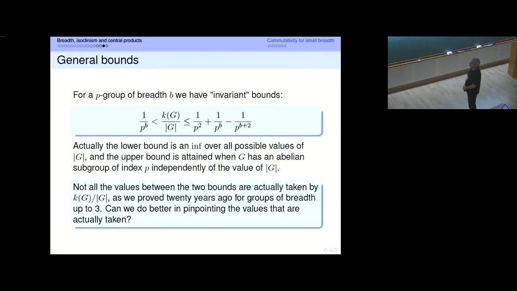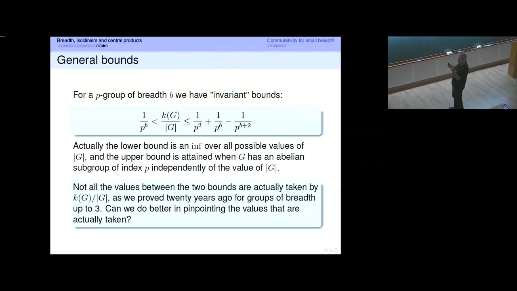And what Alex was noticing yesterday is that there are holes in this interval. Not every number within these two bounds can be K of G modulo the order of G, can be the commutativity.